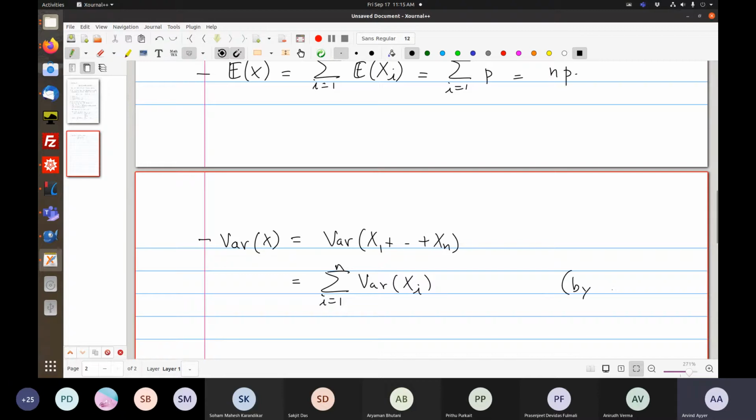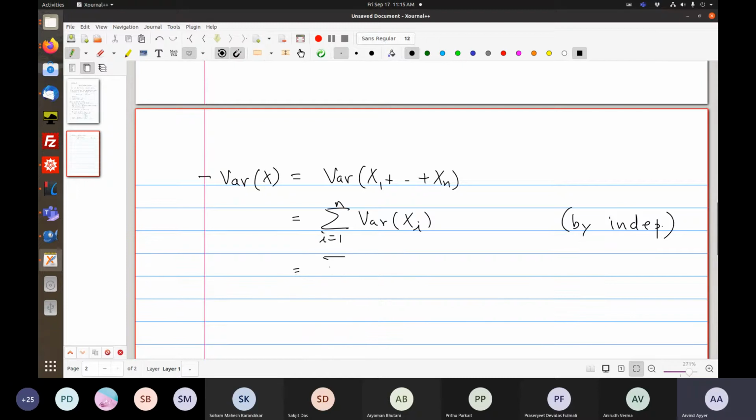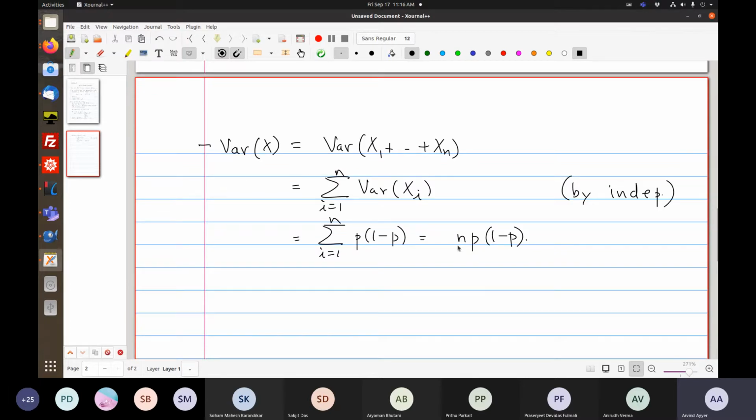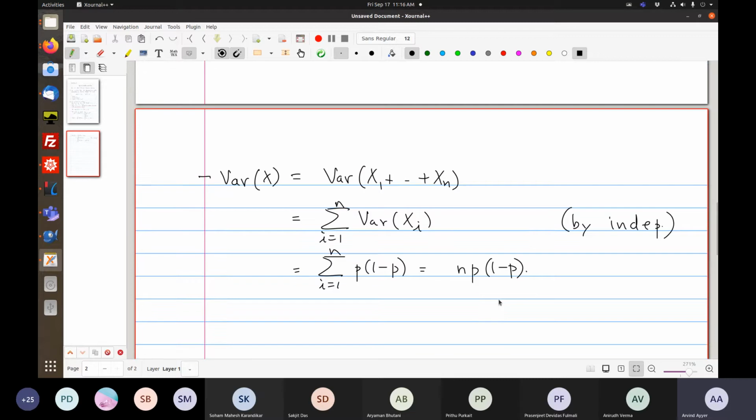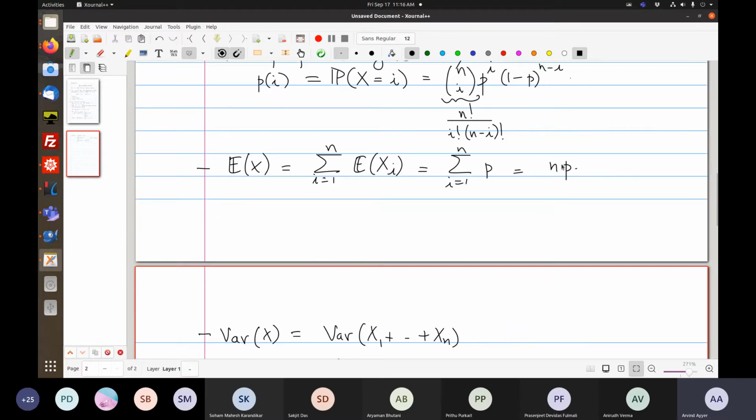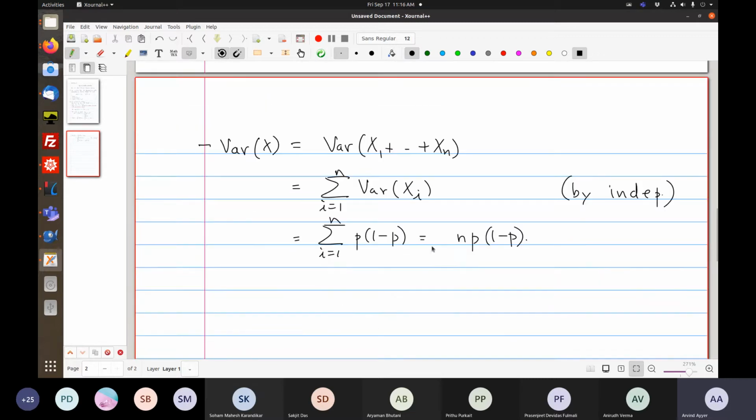Each of these has variance p(1 minus p), as we said. So the variance is np(1 minus p). So if you have a binomial(n, p) random variable, you will have a spread. The mean will be n times p, and the spread will be of the order of the square root of np(1 minus p).